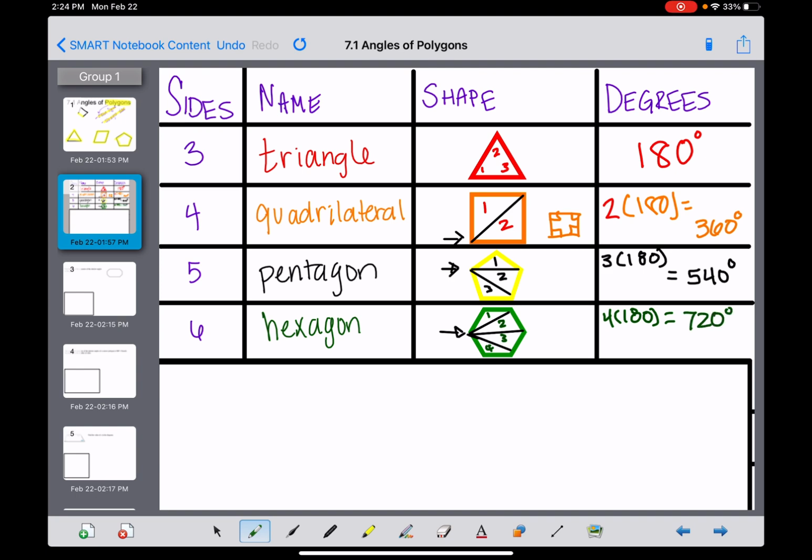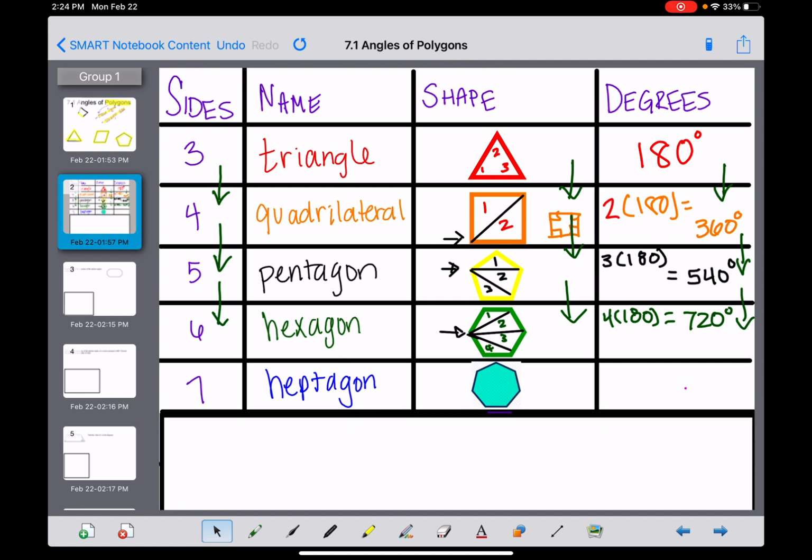So as you can probably tell already, every single time our side increases by 1, our number of triangles increases by 1, which means the number of degrees increases by 180.